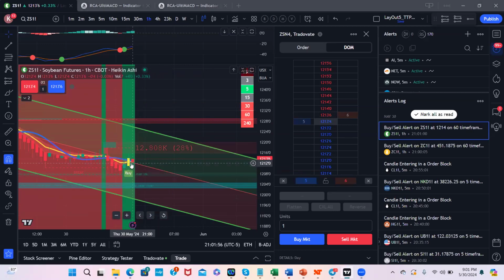We got a buy signal for soybean, but immediately there is a big sell order here, so that's why we are not entering the buy signal.